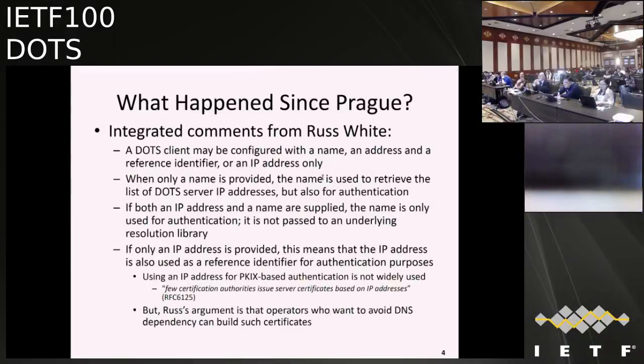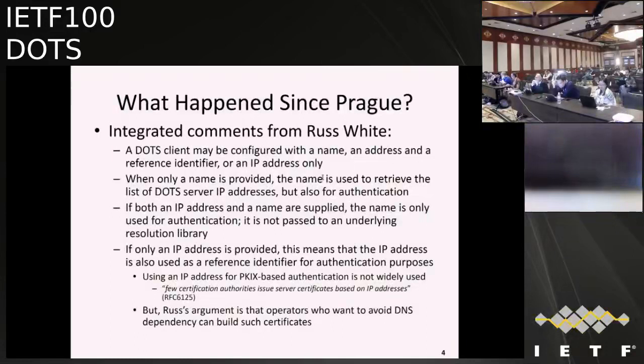So the outcome of the discussion we have and the detailed comments from Raj is that we updated the document so that now a DOTS client may be provisioned with a list of IP addresses together with a reference identifier that can be used for authentication purposes, or it can be configured with a name.